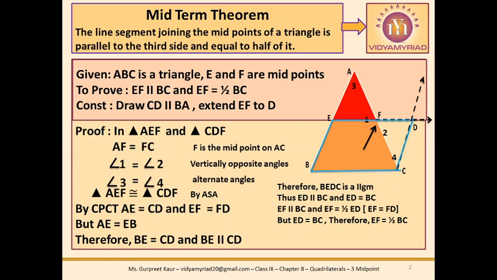So we can substitute and say that EF is equal to half of BC, and hence we have proved the midpoint theorem: the line segment joining the midpoints of two sides of a triangle is parallel to the third side and also half of it. It is a very important theorem, children. Please understand it and do the practice also.